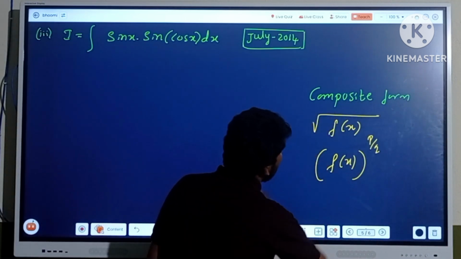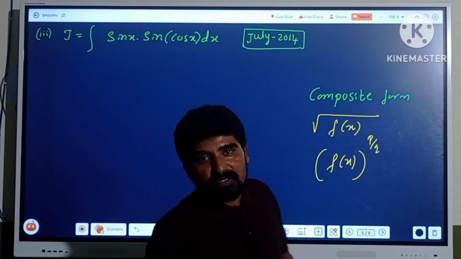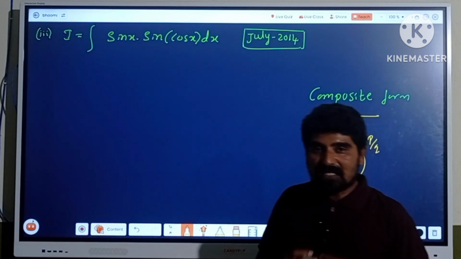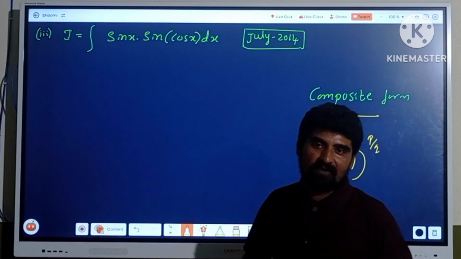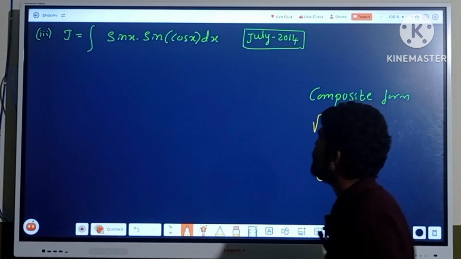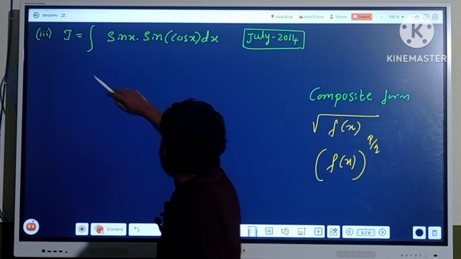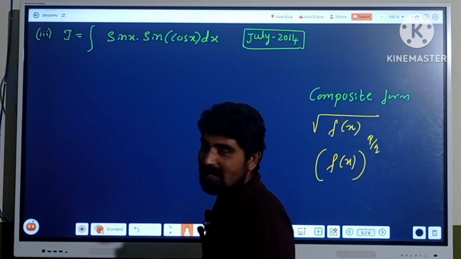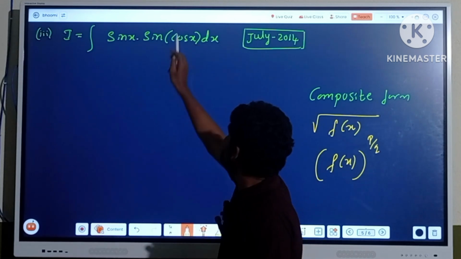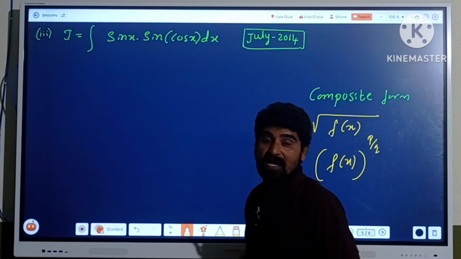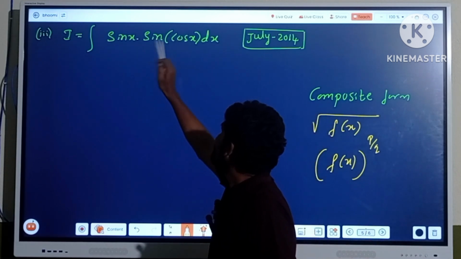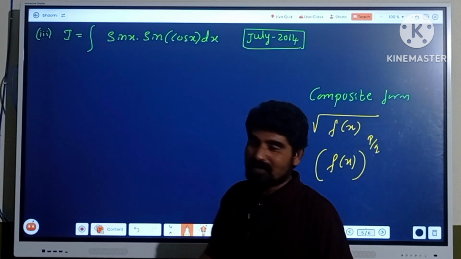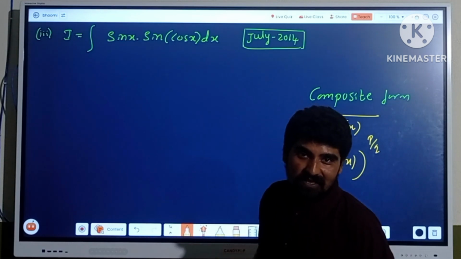For this type of functions only we need to substitute, because by substituting one function we need to vanish the second function. If I substitute sin x here, the cos x dx cannot vanish, because cos x is in angle form. But if I substitute cos x, the derivative of cos x is in sin form, so sin x dx completely vanishes here.